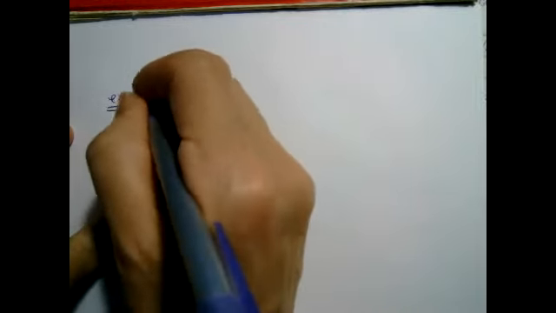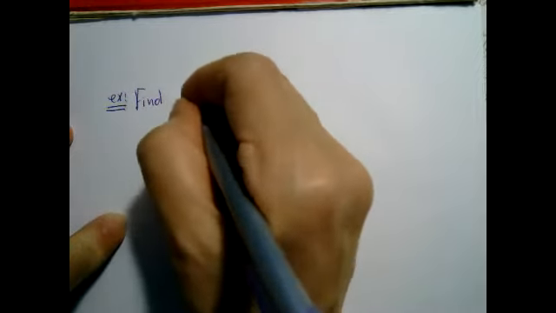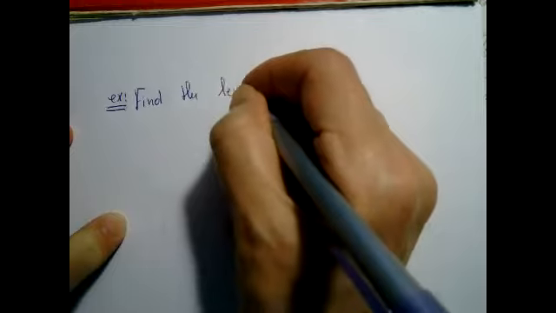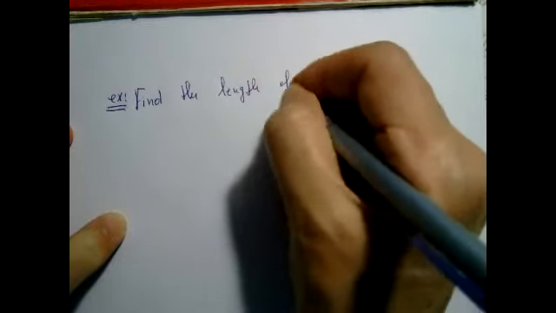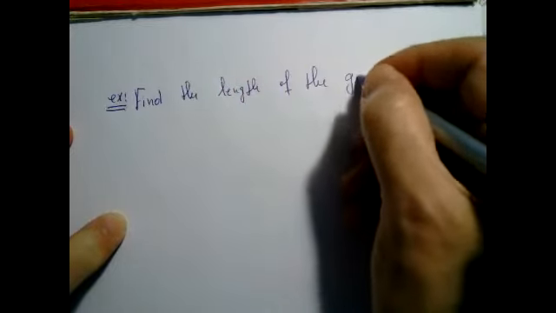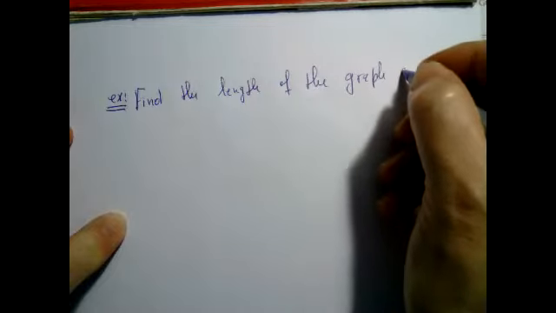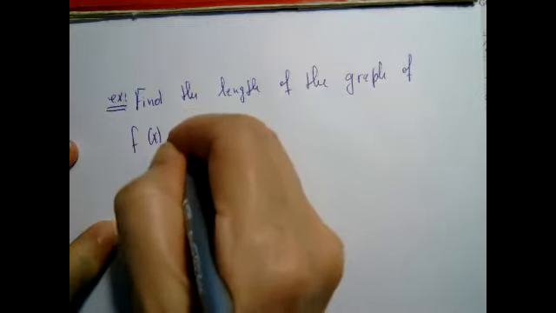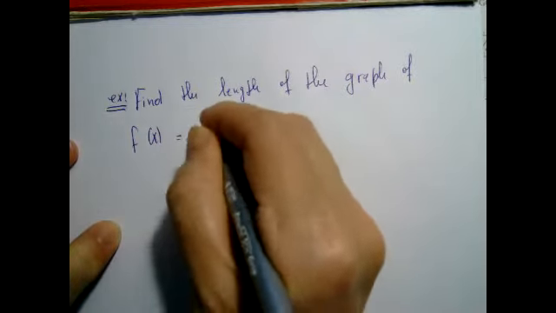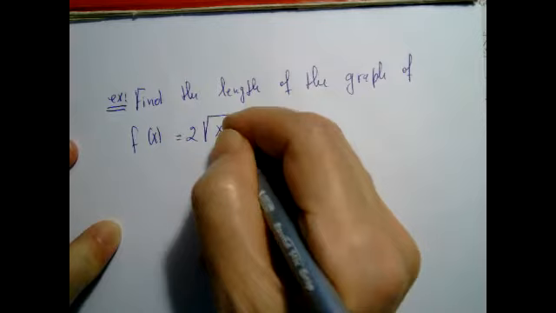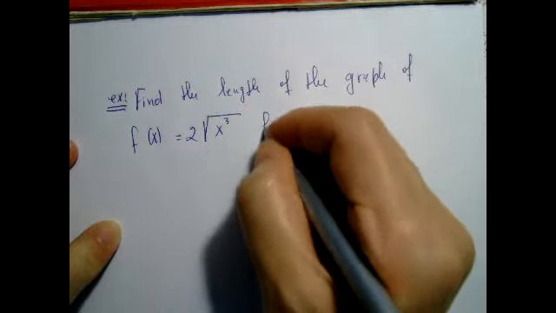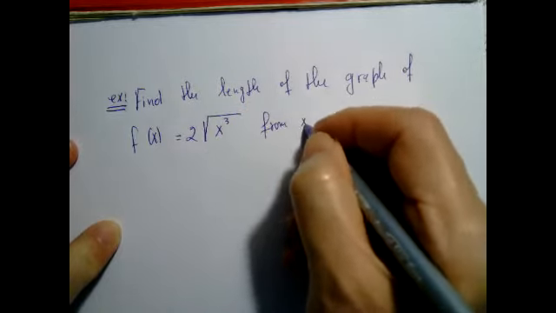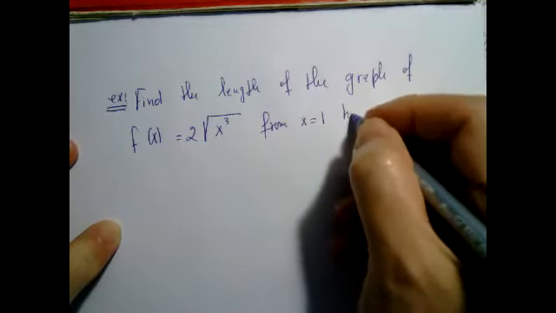So the question is, find the length of the graph of the function f of x equal to the square root of x cubed from x equal to 1 to x equal to 4.